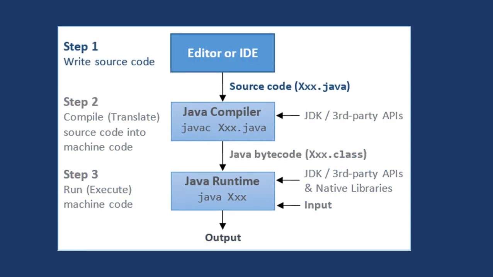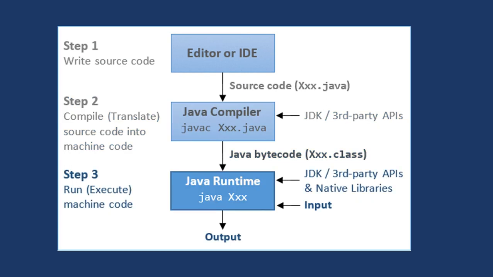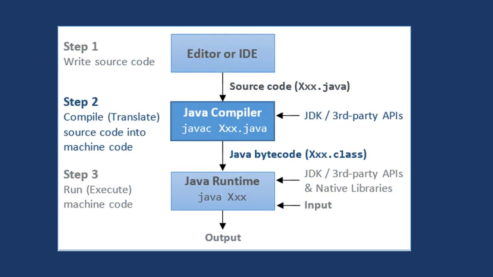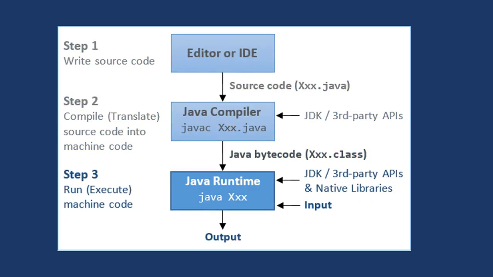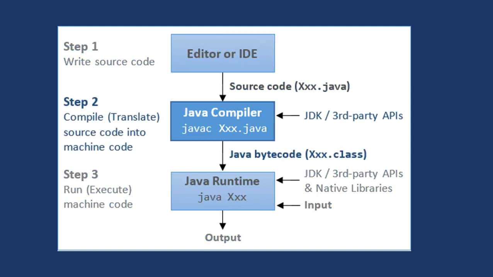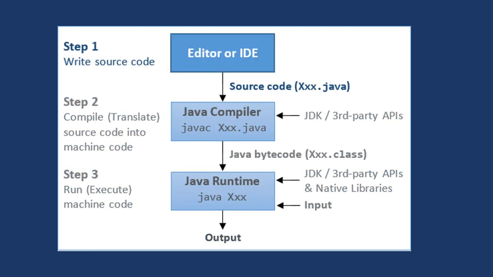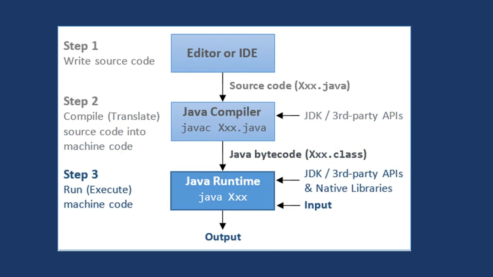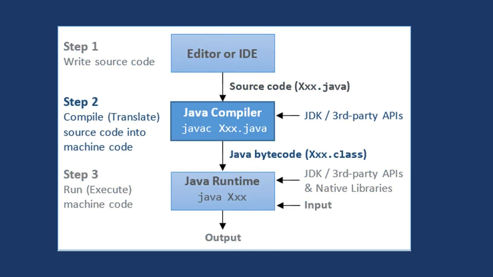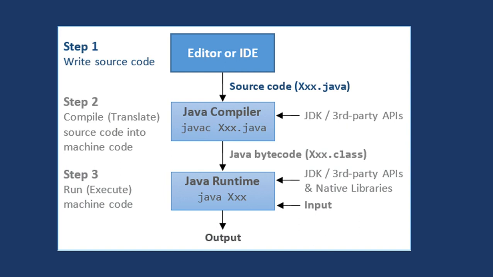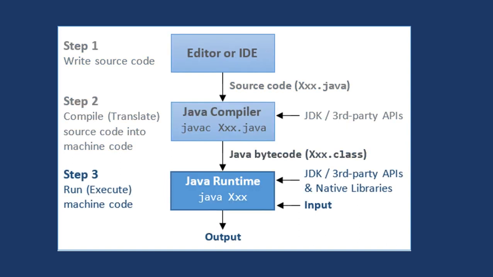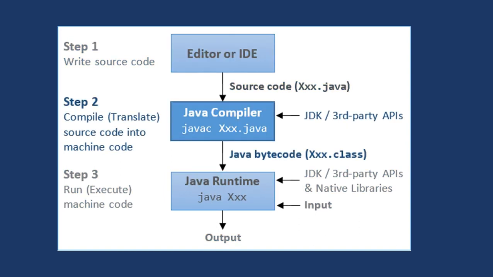We are going to execute with both methods in further lectures. Let's say the source code has been written, and the name of the source code is Xxx.java. It should be noted that the first letter of the file name is a capital X. So whenever you write a file name, the first letter should be a capital letter. You must note it.